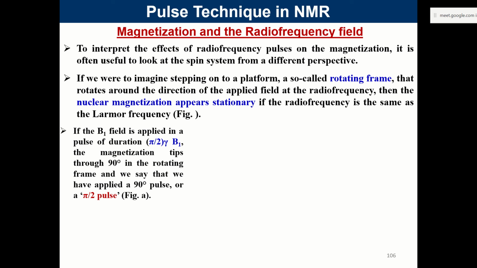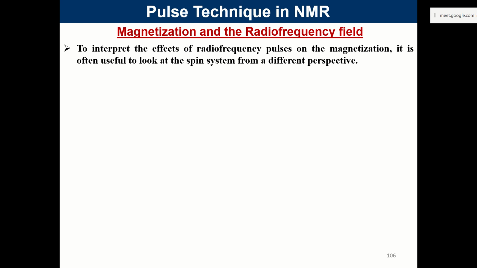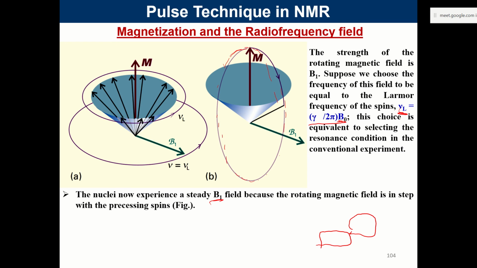Frequency gamma B0 by 2 pi means the number of complete rotations per second.